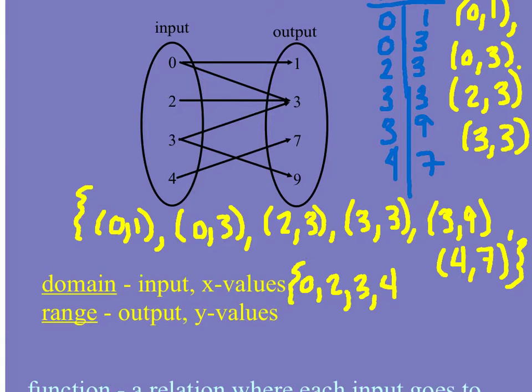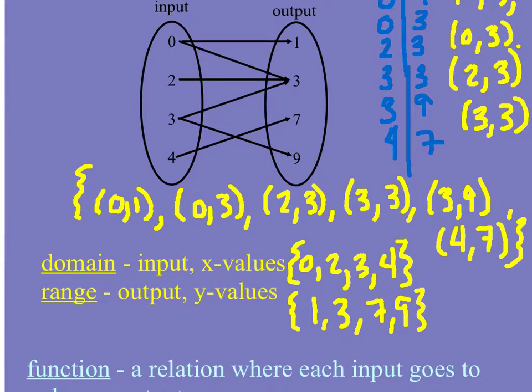That collection of numbers is our domain. Range, on the other hand, is what they go to, the outcome, the output. And so the collection of output values would be 1, 3, 7, and 9. All right. Domain, where you start. Range is where you end.